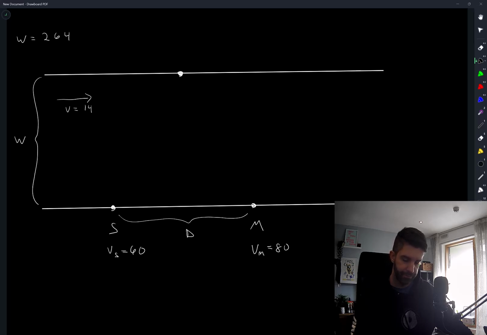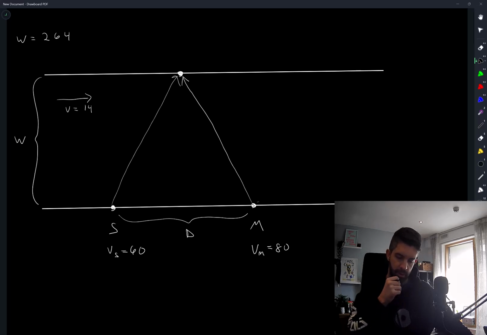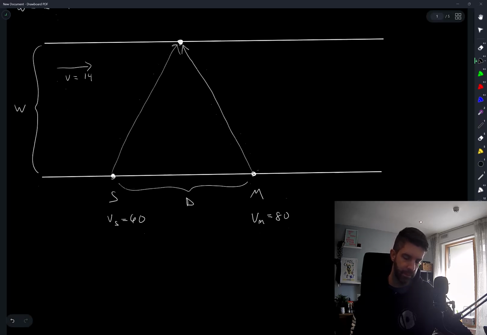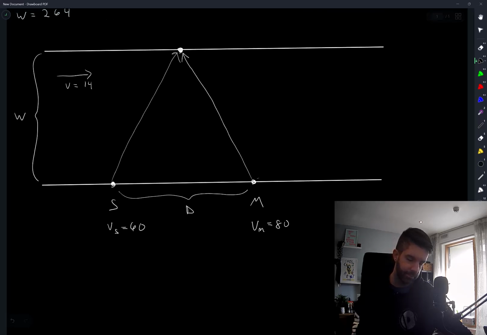Okay, so the main idea here is if they arrive simultaneously, then that means the northern component, or the vertical component, according to the diagram I have here, of their velocities are the same. In fact, let me write it like this.